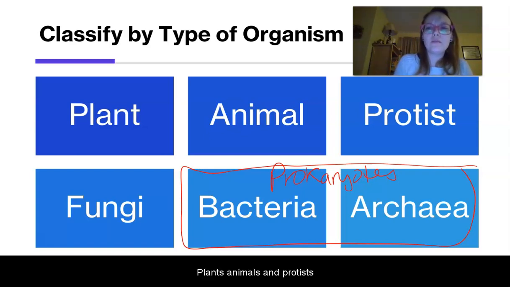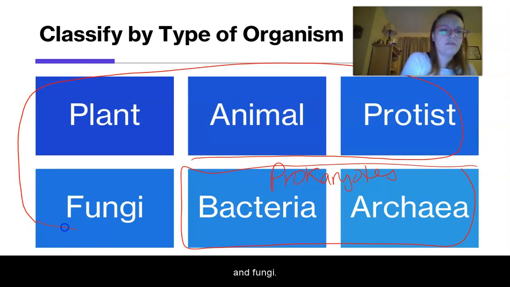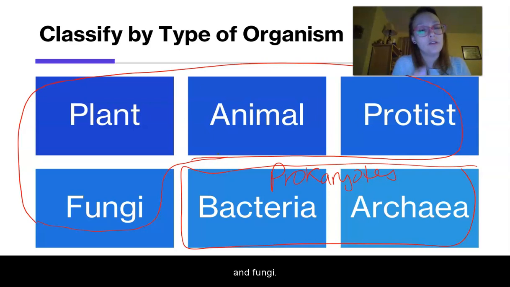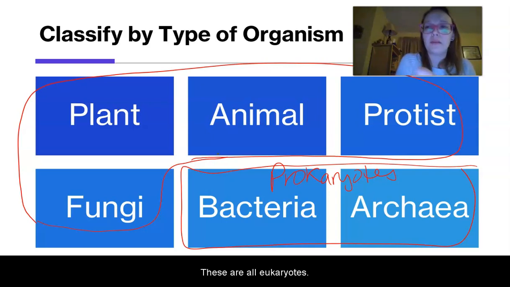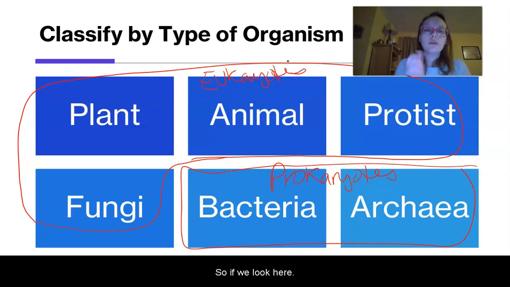Then plants, animals, and protists, and fungi, all the rest of these, are eukaryotes. If we look here, our protists are all unicellular.